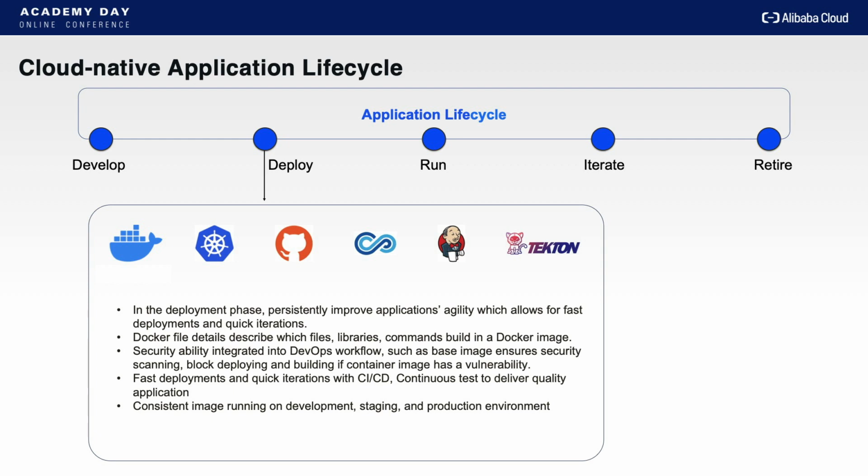Security is integrated into the DevOps workflow, such as base image security scanning, blocking deployment and build if the container image has a vulnerability. Fast deployments and quick iterations with CI/CD, and continuous testing to deliver quality applications. Consistent images run on the development, staging, and production environments.